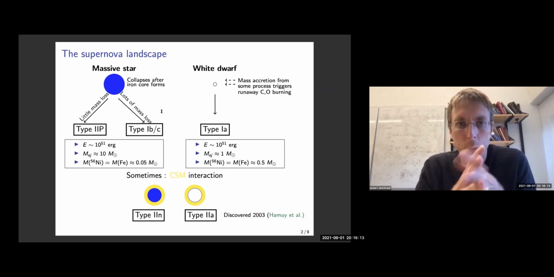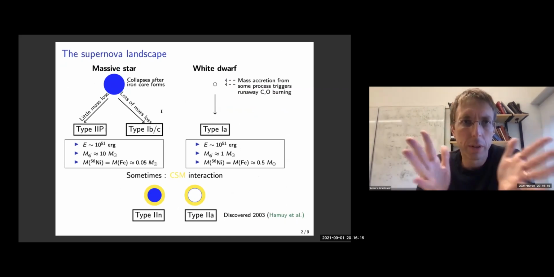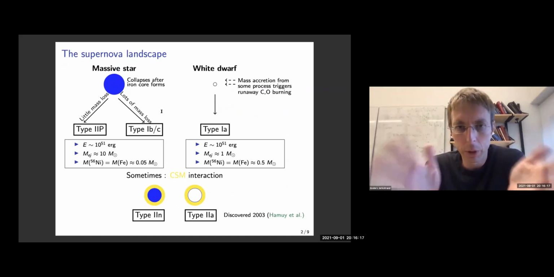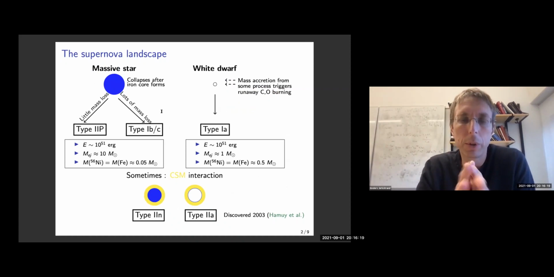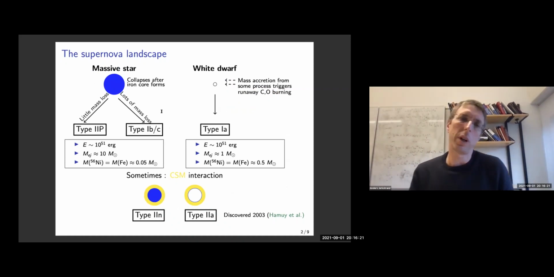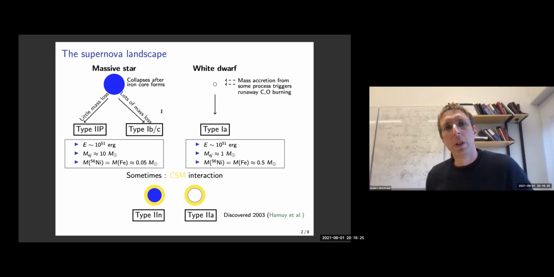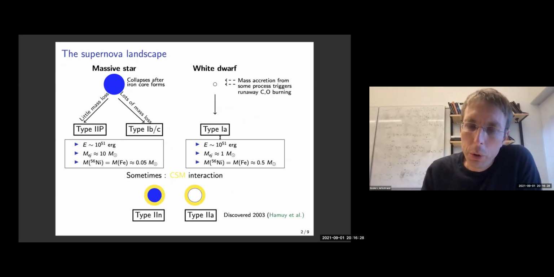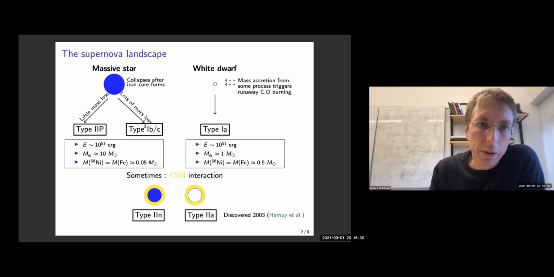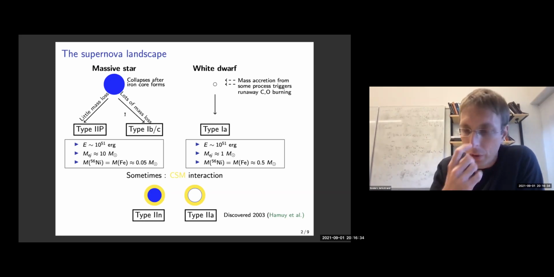It's worthwhile to remember here, though, that when we talk about supernovae, we always have to consider both the channels. We have massive stars that make supernovae, we have white dwarfs that make supernovae. And the white dwarfs we normally call type 1a supernovae, and the other ones we call different things depending on how much mass loss the progenitor had and so on.